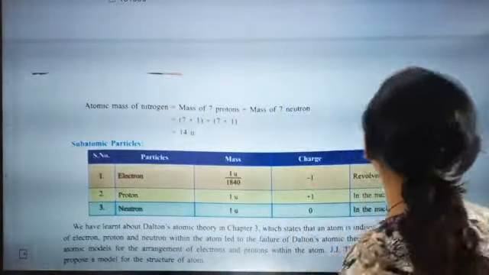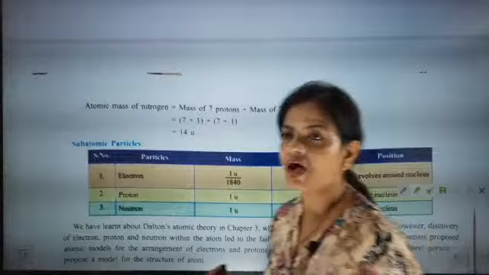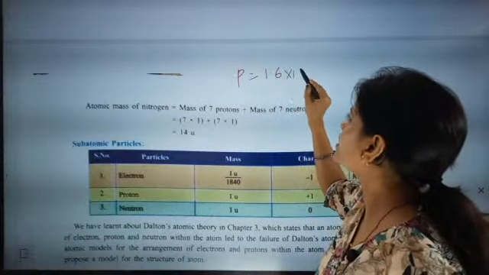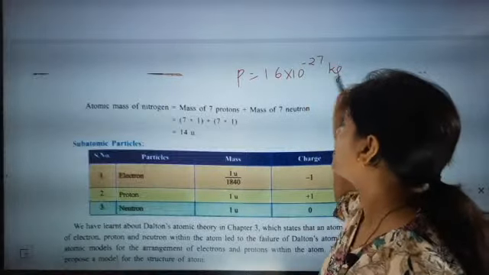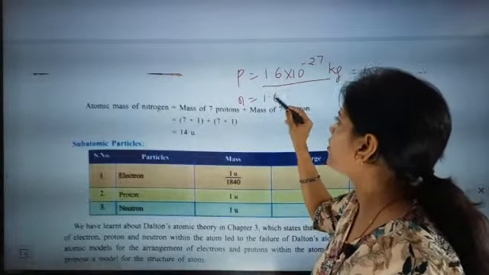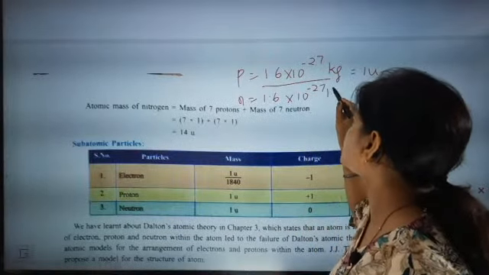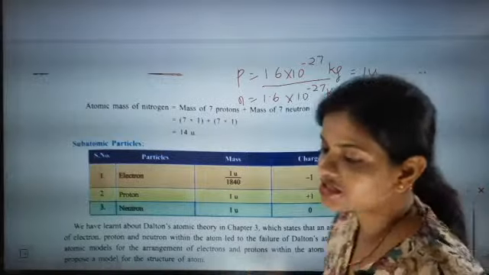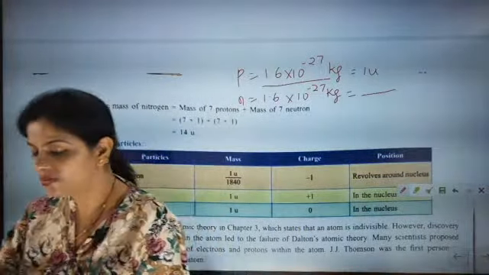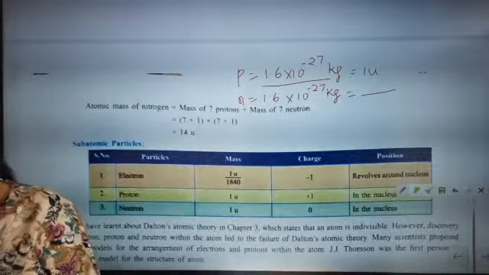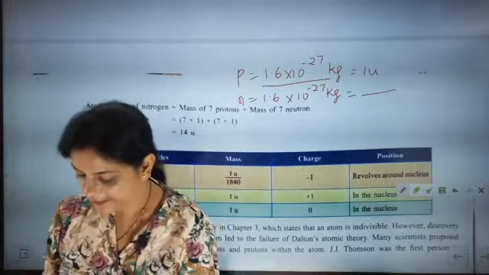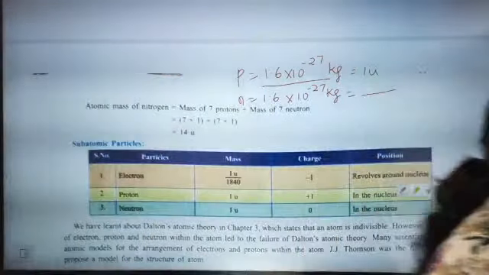Just understand this point very nicely. We are converting the mass into units. Proton mass is 1.6 into 10 to the power minus 27 kg, and we are taking this mass as 1 unit. Neutron mass is also 1.6 into 10 to the power minus 27 kg. So how much unit will it be taken as? Come on, tell me.